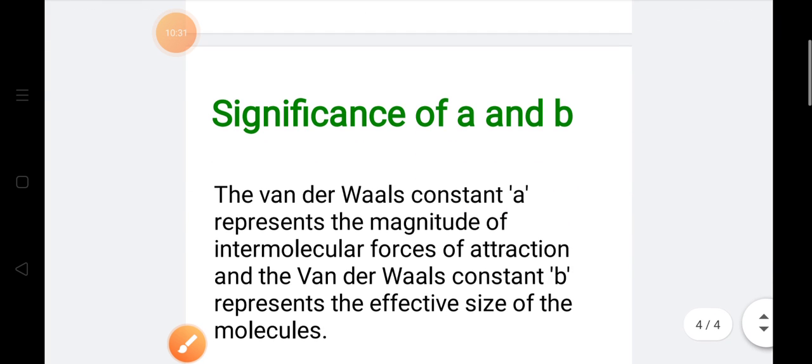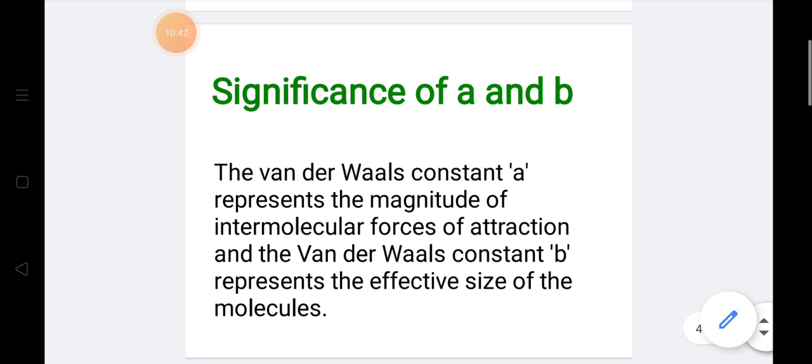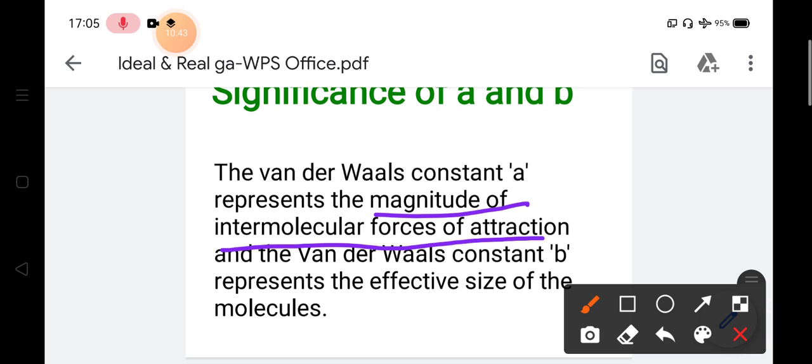So what is the significance of a and b? The Van der Waals constants a and b both are called Van der Waals constants. a represents the magnitude of intermolecular forces of attraction. As I said earlier, we need to add a term for intermolecular forces of attraction, and for attraction we use a.